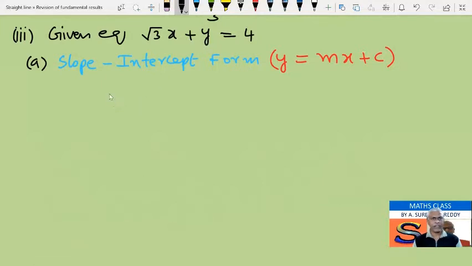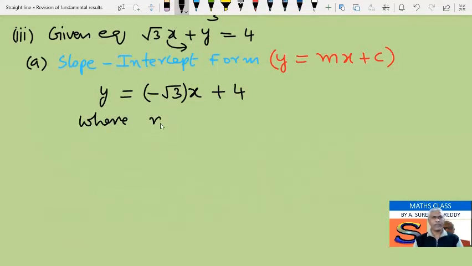So keep left side y as it is, and bring 3x to the right side, that becomes minus root 3x, and 4 is already there. Now this is in the form y is equal to mx plus c, where m value, the slope, is minus root 3 and the c value is 4. So this is slope intercept form.